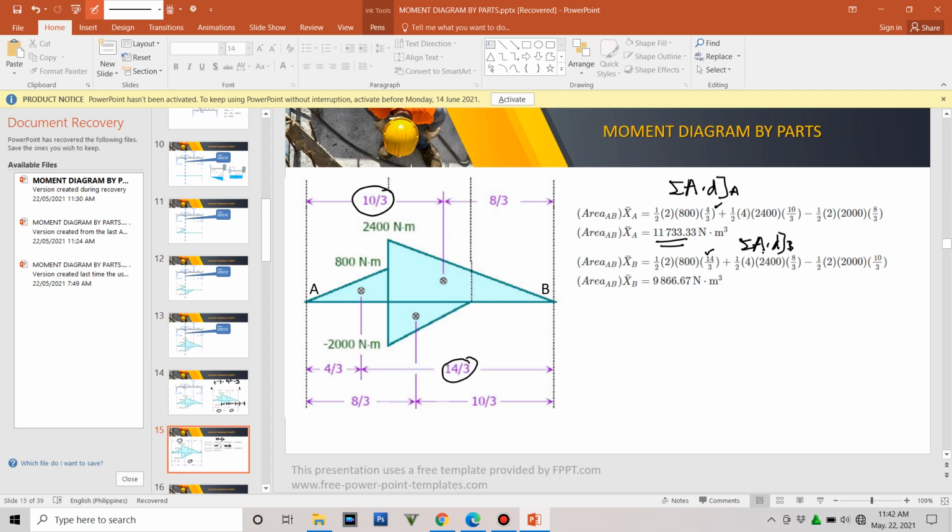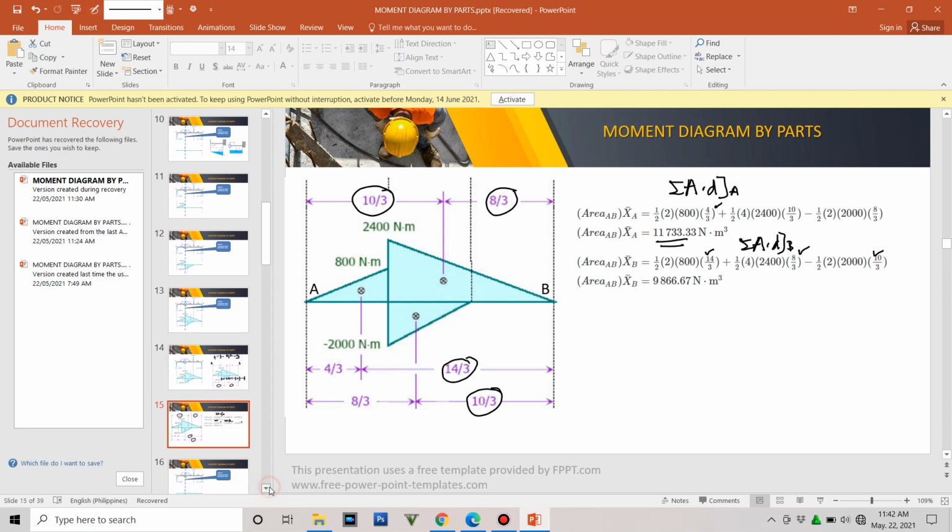And then, we have 8/3 as the distance from the B. This one. And then, negative 1/2 2 times 2,000 times the distance to point B, that is 10 all over 3. So, we'll come up with the moment of area of B, that is 9,866.67 Newton per cubic meter. So, that is how to deal with that problem.